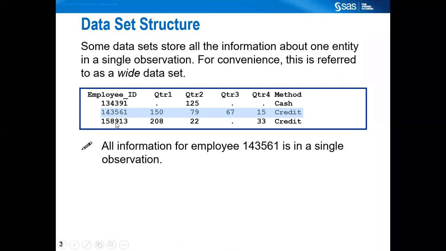For a single employee, you have multiple values in a single row. So when your columns are more, you call this structure a wide data set. This employee has multiple values across the single row, hence your structure is widened with the number of columns. Hence, it is called a wide data set.